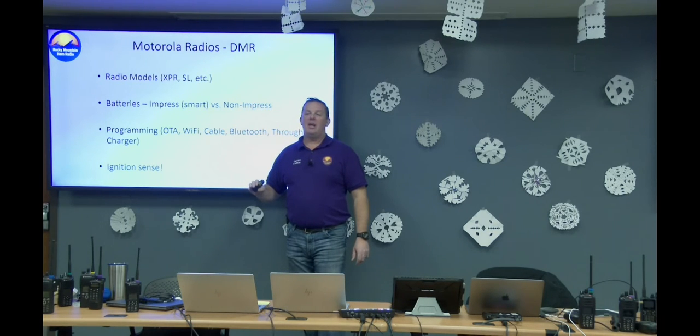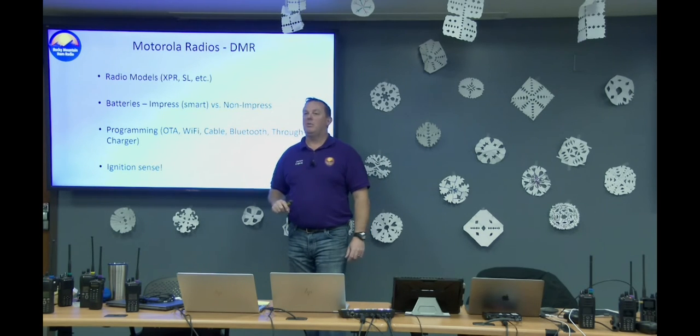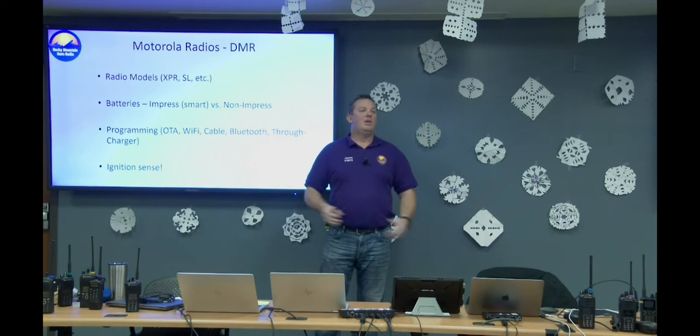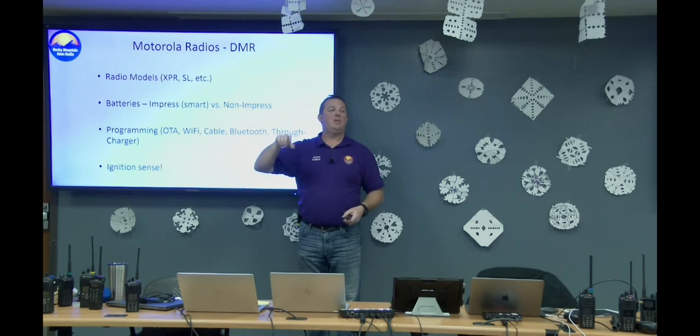Motorola radios have a habit of, especially when you buy them used from places, showing up dead. People plug them in and turn them on and they don't turn on. Well, ignition sense is a programmable line on the GPIO connectors or the radio connector of a lot of these models.